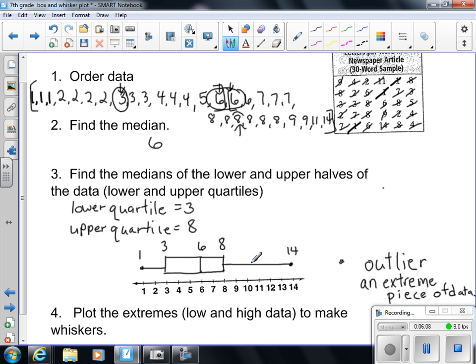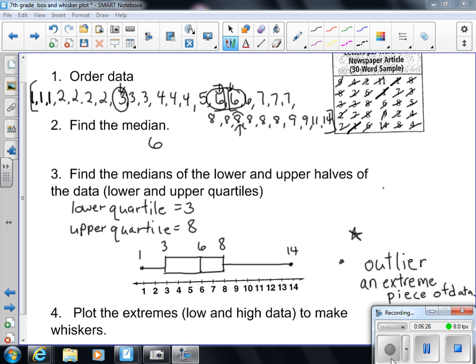In this case, I don't know that I have any real extremes. Now, if I would have had a 20 in here, then I would have put a little star out here, a little asterisk, and labeled it on the 20, and that would have been an outlier. Remember, it's something that causes your data to really be thrown off.